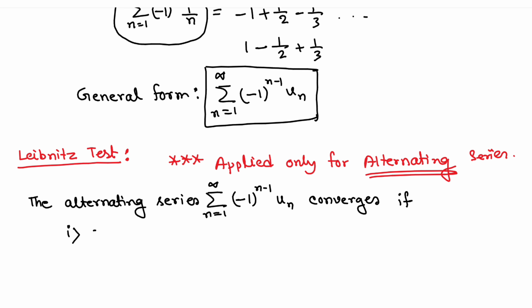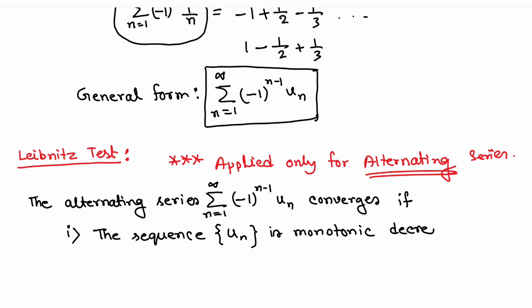Number one: the sequence un is monotonic decreasing. Number two: limit as n tends to infinity of un equals 0.